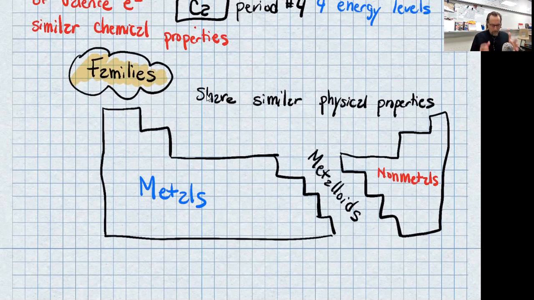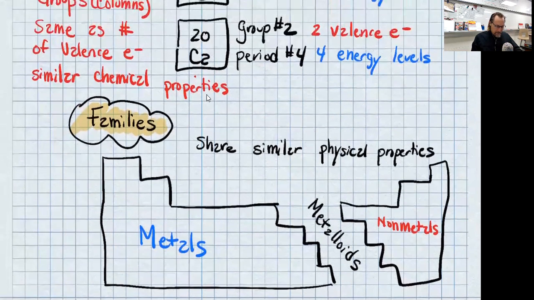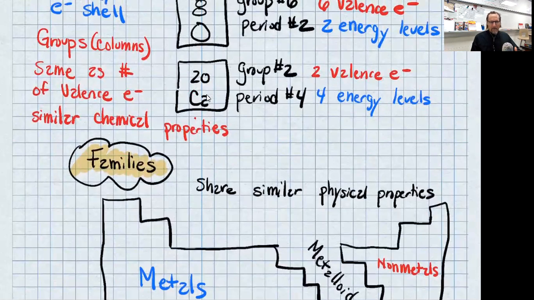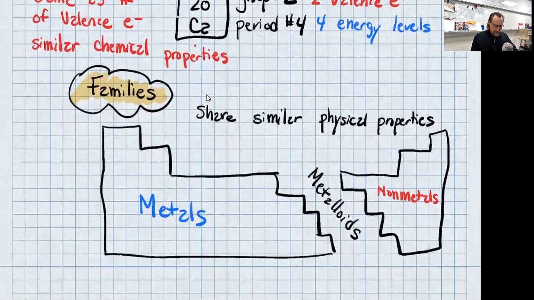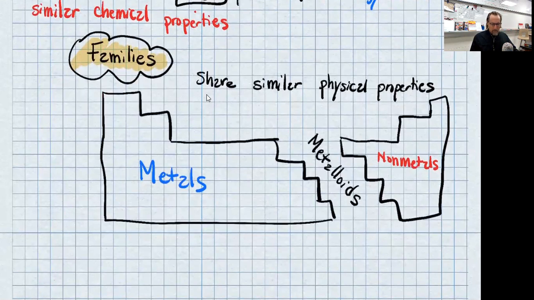So those are their physical properties. Similar chemical properties, remember, were the groups, so the columns. So the groups or the number of valence electrons will affect their chemical properties, whereas these families are more about their physical properties. Okay, so that should be kind of a good review.